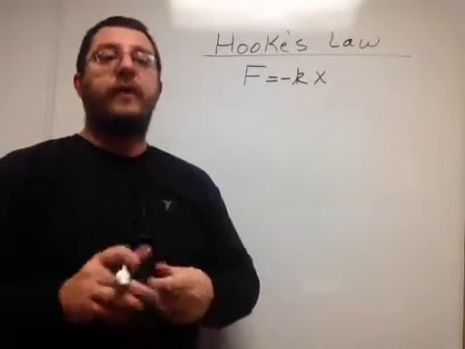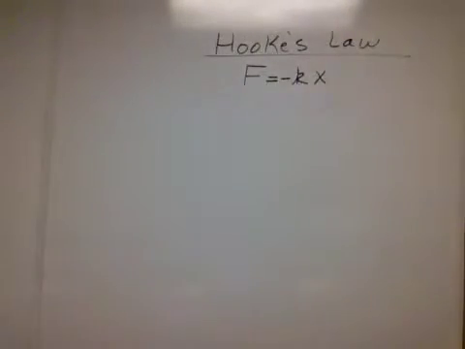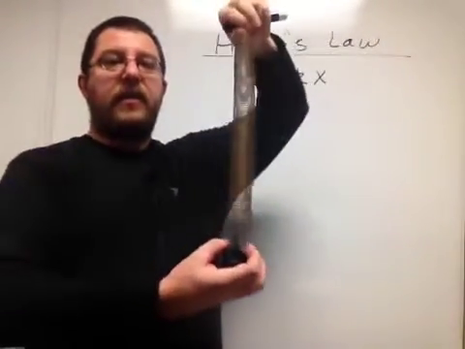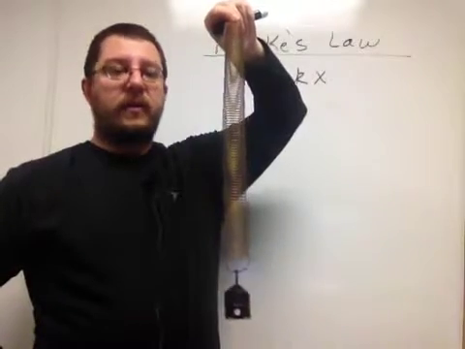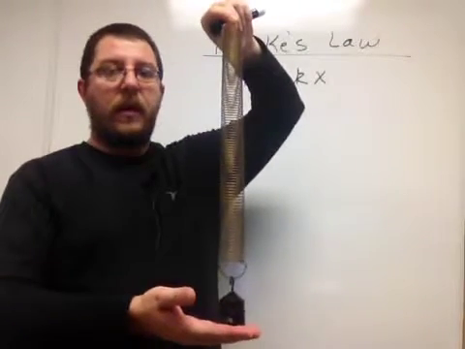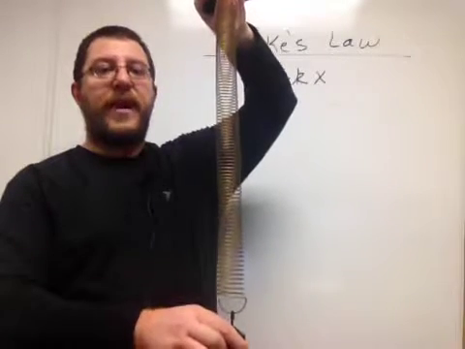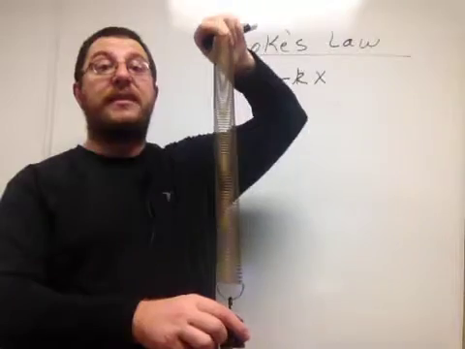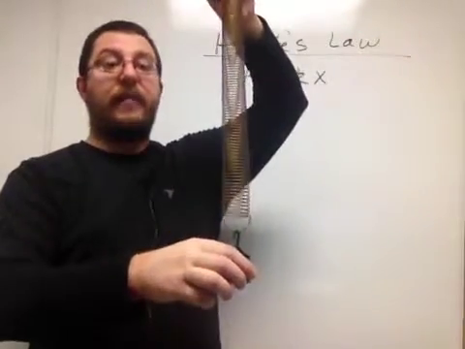For instance, if I have a spring and a hanging mass, I'm going to let my system come to equilibrium, so it's just going to hang here. This is the equilibrium position. If I pull the mass down even further, then that little extra distance that I've stretched it represents x.